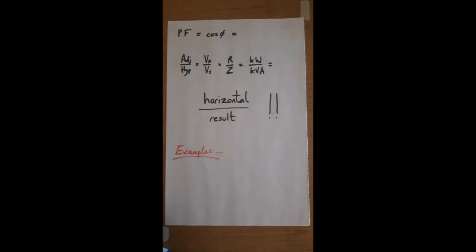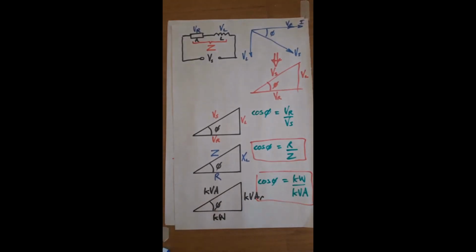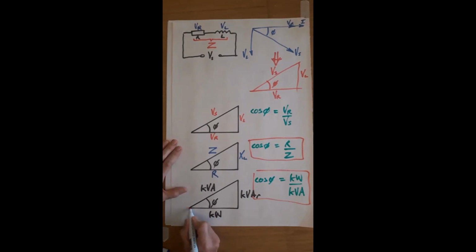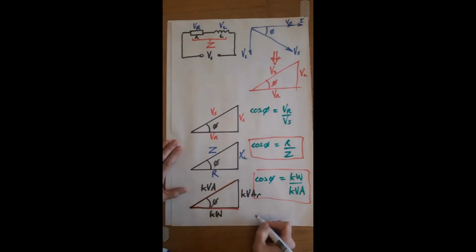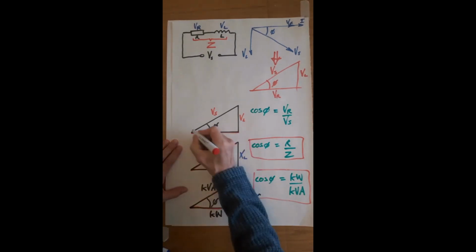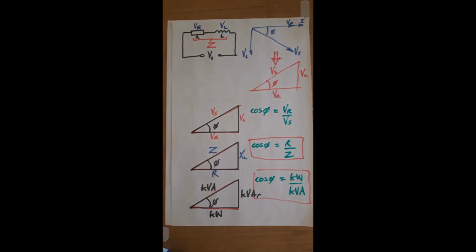So just to summarise the information on those triangles, so let me bring that back. To get power factor, if you've got a triangle, it's the horizontal over the result, the horizontal over the result, the horizontal over the result. And I've been through that before.